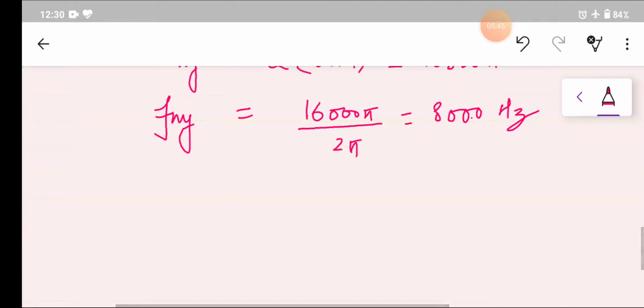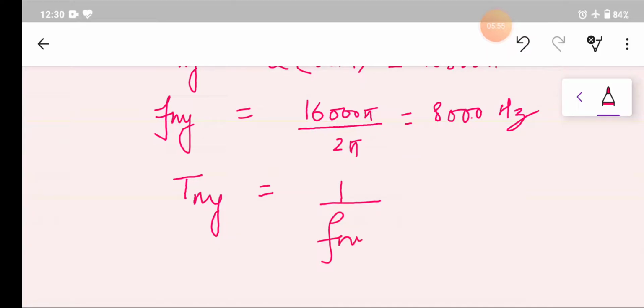Okay, and in this way the time period T ny is equal to 1 divided by f ny, which is equal to 1 divided by 8,000 seconds.